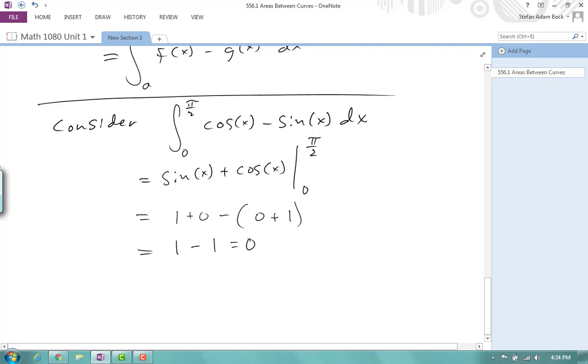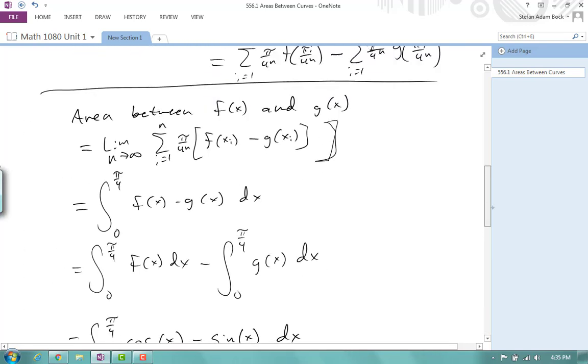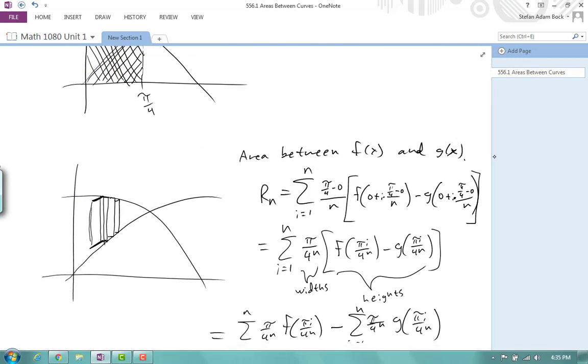Fantastic. And there's actually a very good reason for this. If you recall, when I was finding the area below curves, anytime the curve was below the x-axis, I ended up getting negative area. And if we think about the Riemann sum while looking at this picture, here I had cosine of x on top and sine of x on the bottom, versus over here, I have sine of x on top and cosine of x on the bottom.